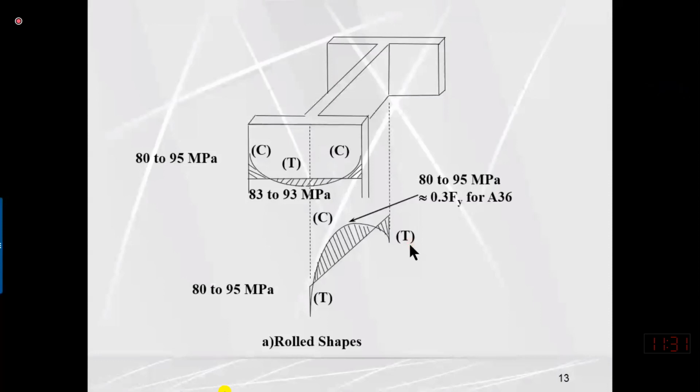It means that some portion of the flange and some portion of the web are already subjected to compressive stresses, which are 30% of yield stress. So they only have 70% reserve capacity. So residual stresses affect only the capacity in compression.